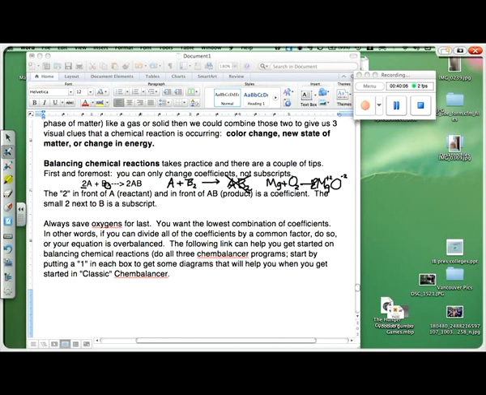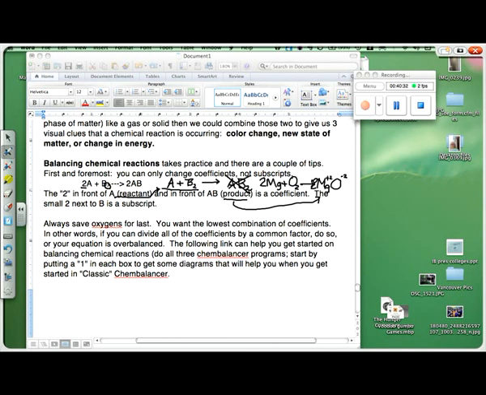So a 2 there and a 2 here would balance the chemical reaction. Okay. The substances that are on the left of the arrow are called reactants. Okay. And the substances that are on the right of the arrow are called products.